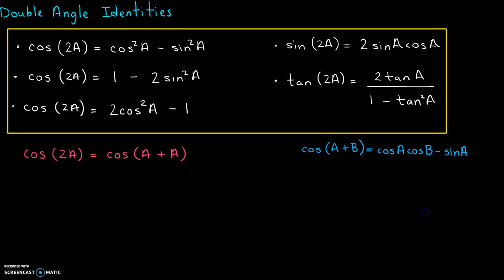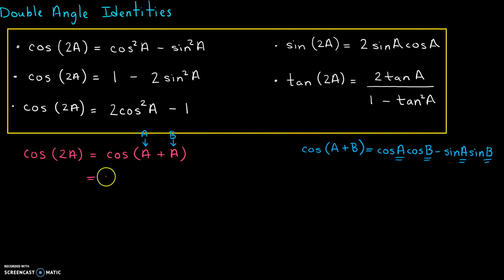And if you notice, what we have here is really the same thing. Here's our a, and technically we could label this as b, and so we just apply the formula. If we think about this angle as a and this angle as b, and fill in a and b respectively, let's see what we get.